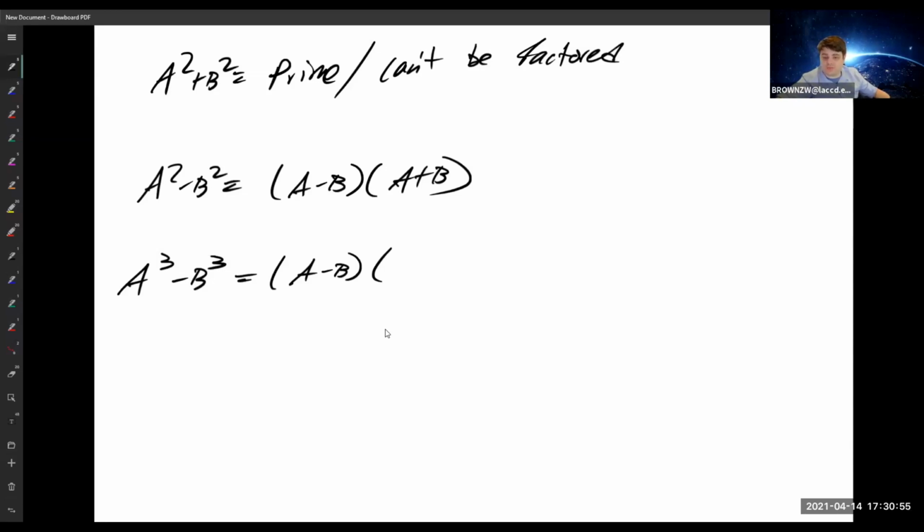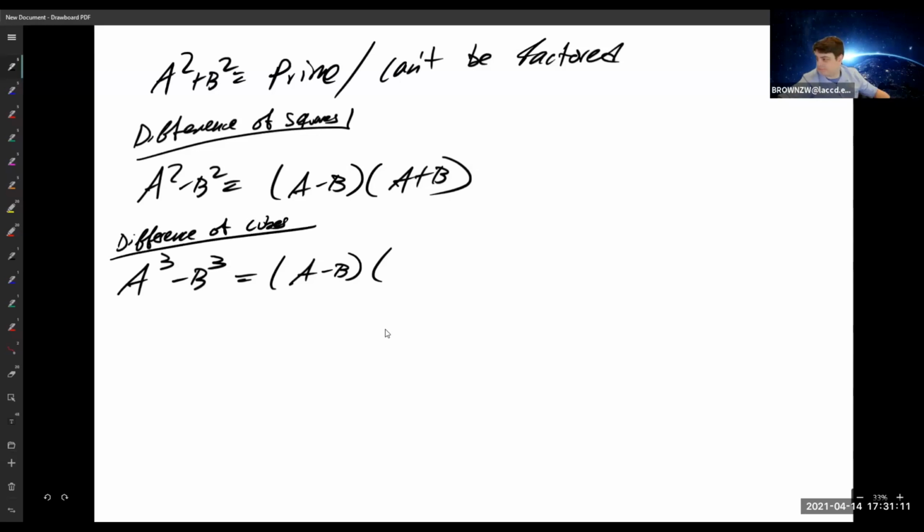But if it's cubed, so here we have the difference of squares. I'm going to just write the names down. Difference of squares. Here we have a difference of cubes. So that would be a minus b times a squared plus ab plus b squared.